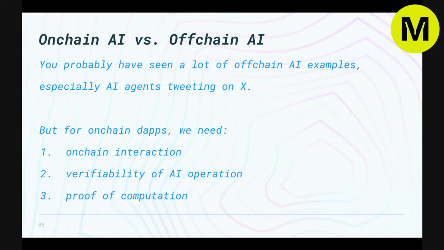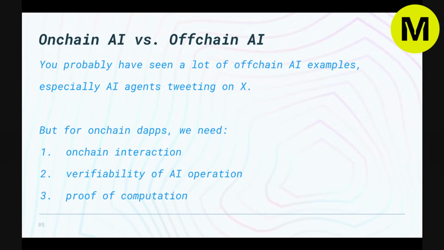But this kind of off-chain AI actually hinders a lot when we want to build something on chain, or something more meaningful than just a reply guy on Twitter. To achieve this kind of on-chain AI, we would actually need much more to make sure that this AI is connected with the actual on-chain space, with the actual on-chain world.